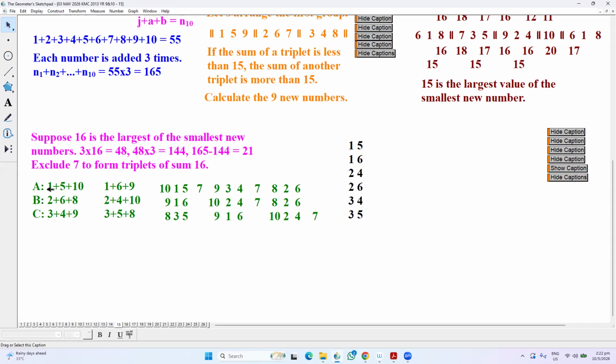The set shows we have 1, 5, 2, 6, and 3, 4 like that. We will have all these small numbers maximum 8, 6 to 8. If we add 7, then maximum 15 only. It can never be 16. Okay.